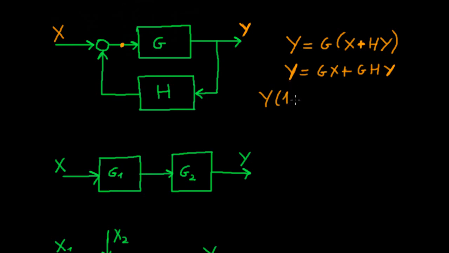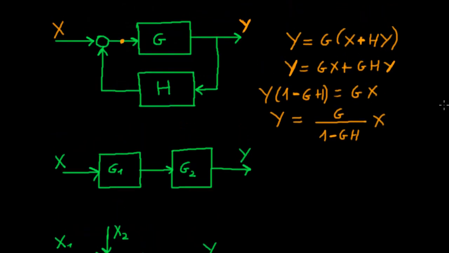Y times 1 minus gh is equal to gx, and finally y is equal to g over 1 minus gh times x, and this is the formula. So you can put this in a block if you want, whose input would be x and whose output would be y.